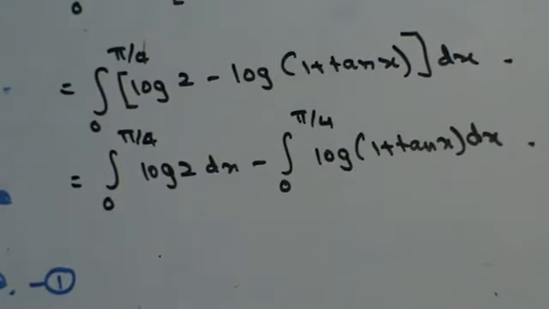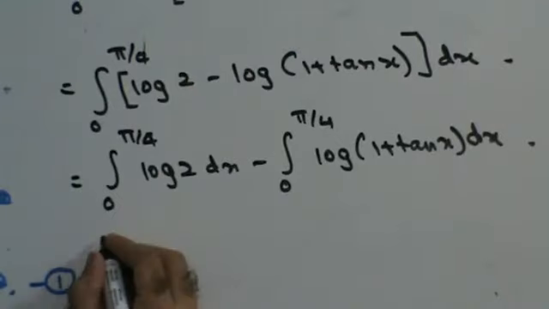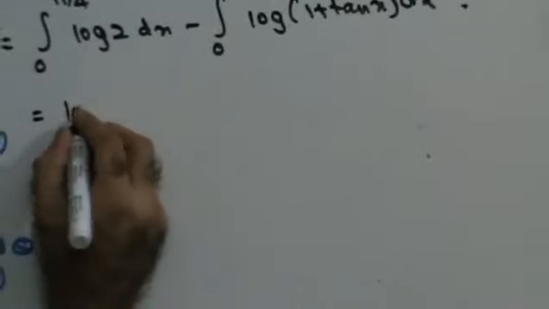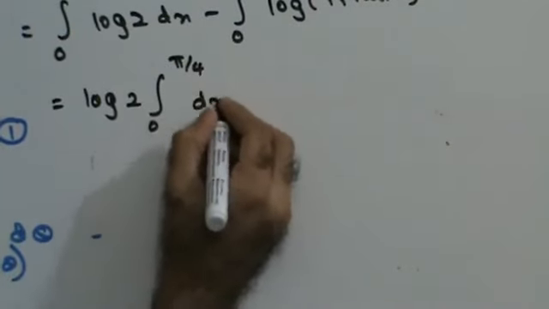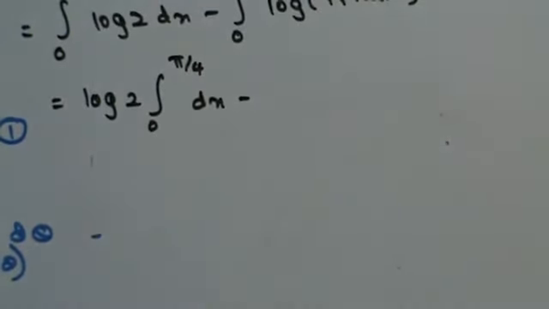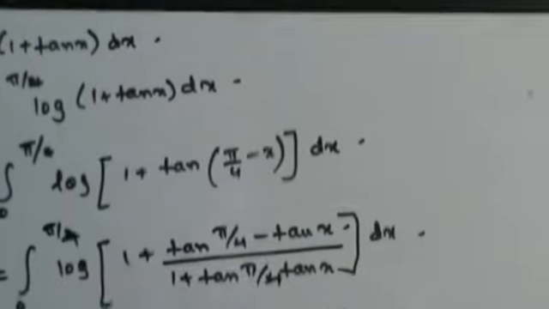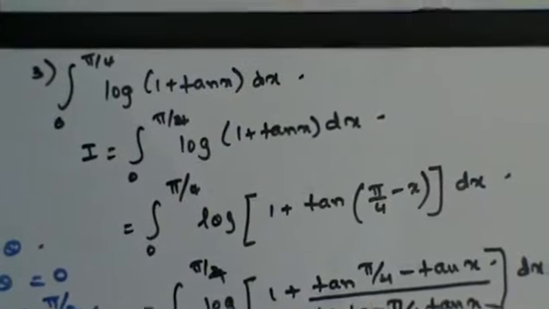I will take log 2 common outside: log 2 times integral of 0 to pi by 4 dx minus. Now, if you look at the question right in the beginning, we have assumed that integral of 0 to pi by 4 log 1 plus tan x dx is nothing but I, right?